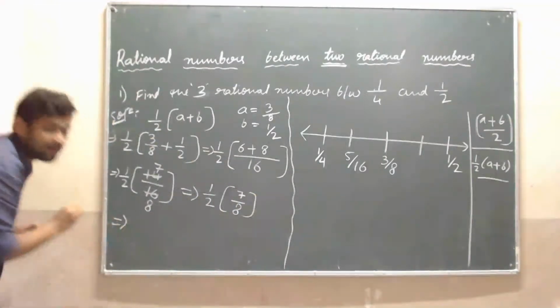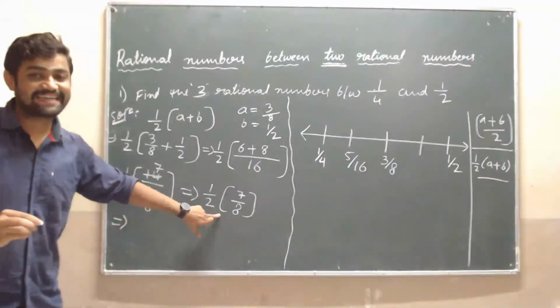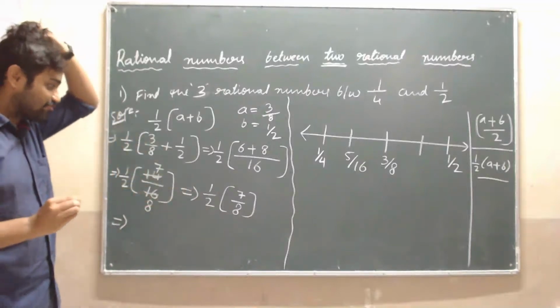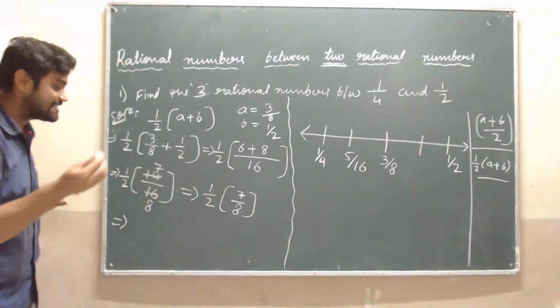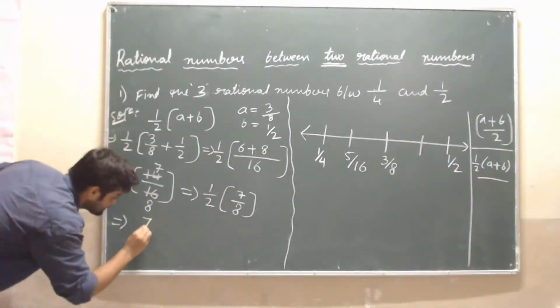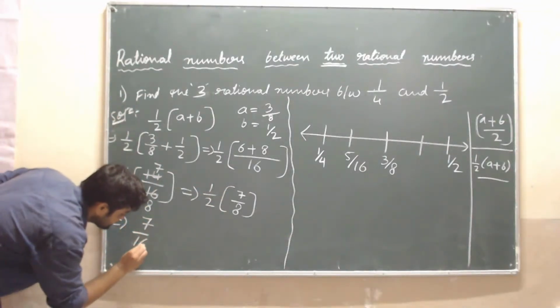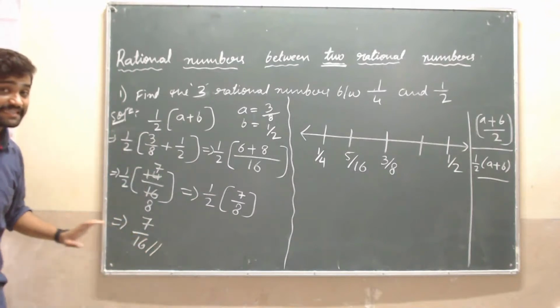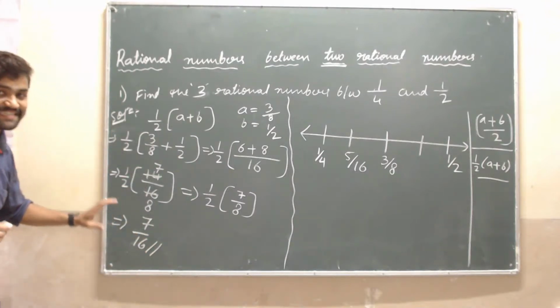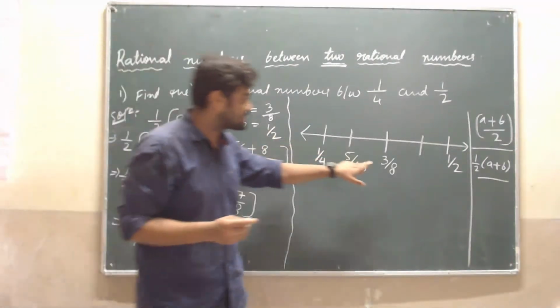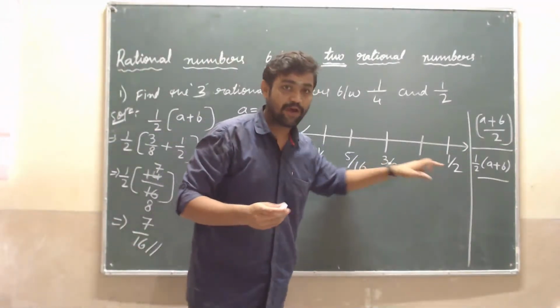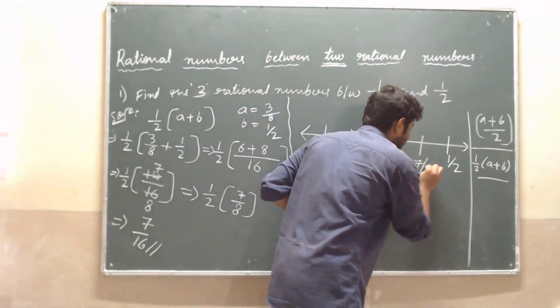Again we have to multiply. Why, sir? Because this bracket indicates a multiplication. We have to multiply numerator to numerator as well as denominator to denominator. 1 7 is 7 and 2 8s are 16, so we have 7 by 16, and 7 by 16 is the rational number between 3 by 8 and 1 by 2. Exactly between 3 by 8 and 1 by 2, and that comes here.